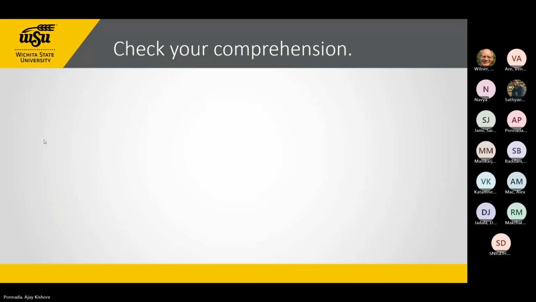So check your comprehension. What is 7 in binary? You can chat or just unmute yourself and say something.